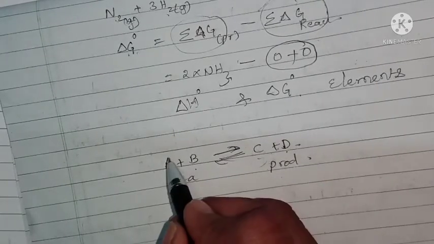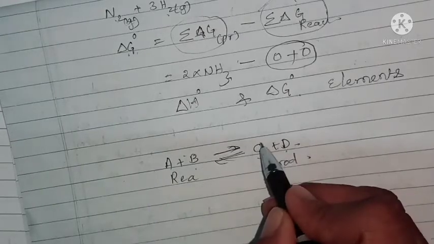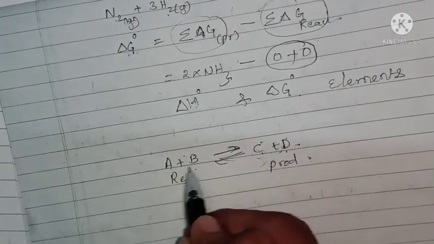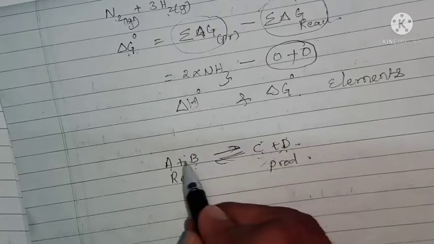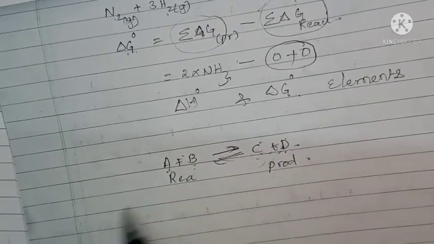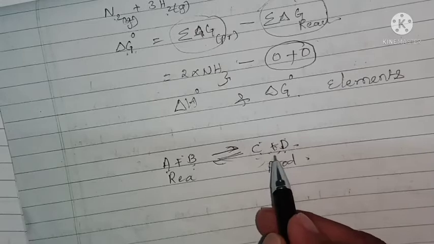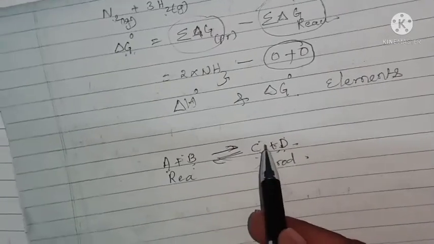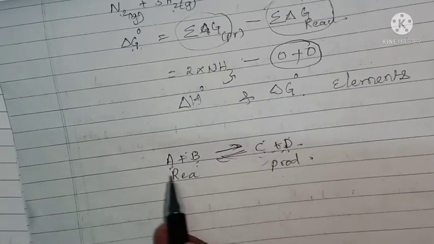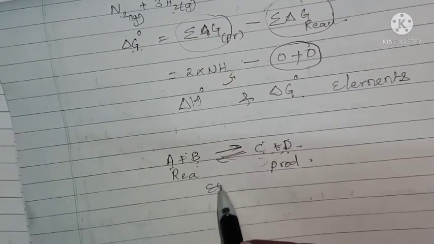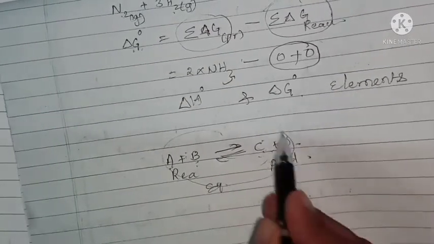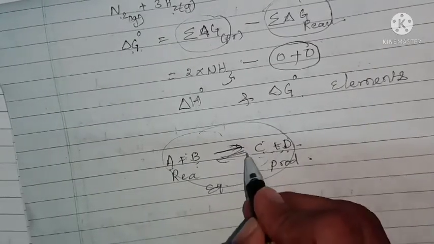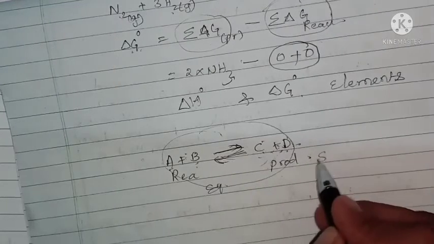It means A and B combine to give the products C and D, and C and D combine to give the reactants A and B. It means the products can be converted into reactants, whereas reactants are converting into products. Equilibrium is nothing but the state in a reversible reaction where the rate of forward reaction and the rate of backward reaction are the same.